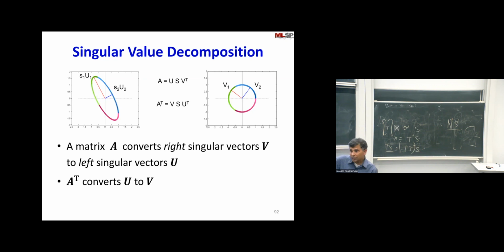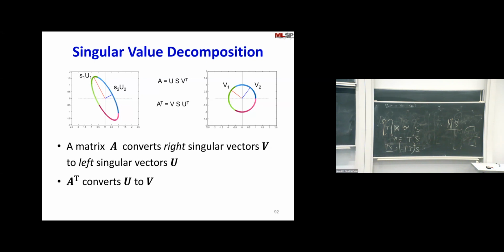Now, if I give you a vector of unit length in the input space, what is the longest it can get in the output? It's going to be the largest major axis of the ellipse, right? And the length of that major axis is the largest singular value. So, what is the smallest it can get? The smallest of the axes.